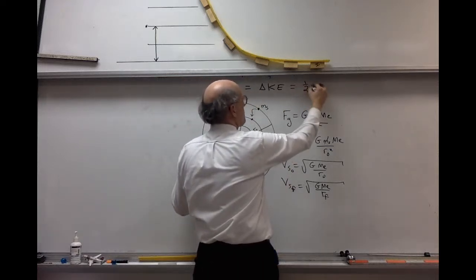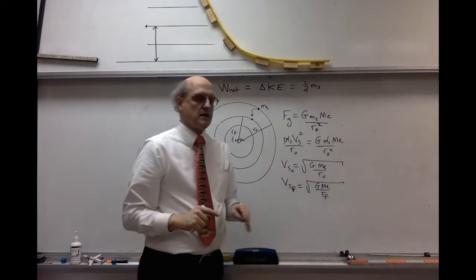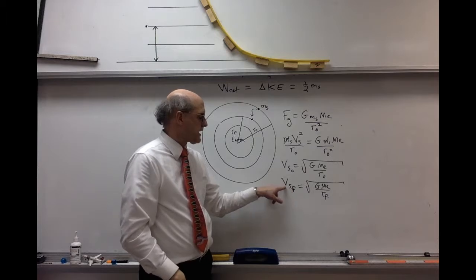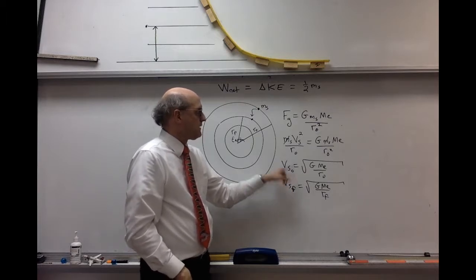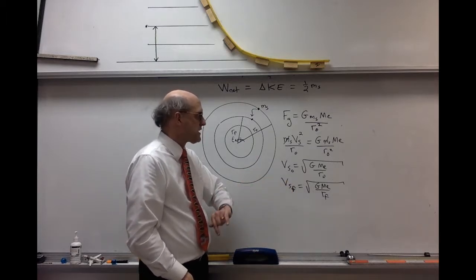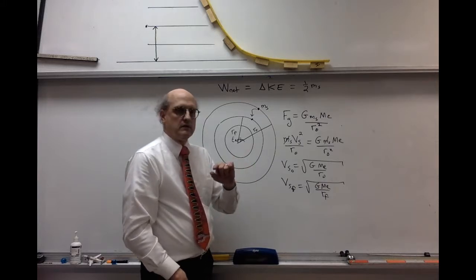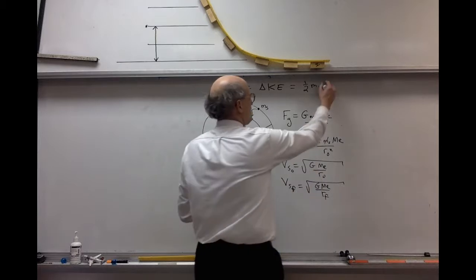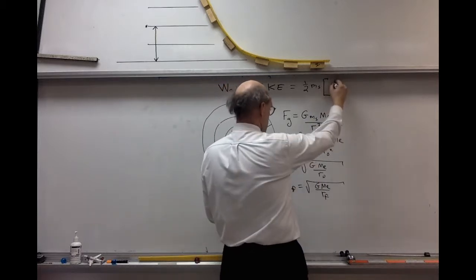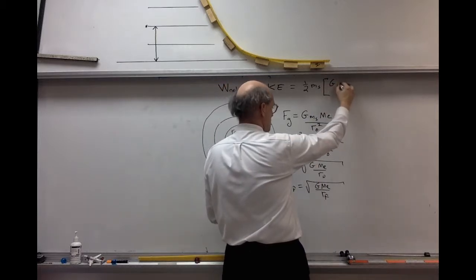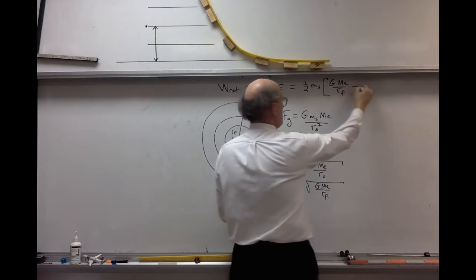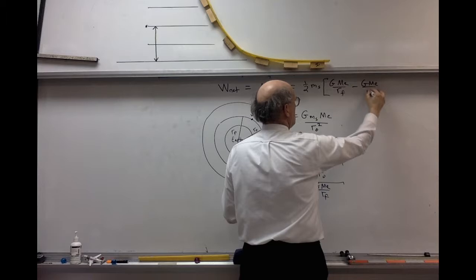So that's 1/2 the mass of the satellite times the final speed of the satellite squared minus 1/2 the mass of the satellite times the original speed of the satellite squared. So we have here G me over RF minus G me over RO.